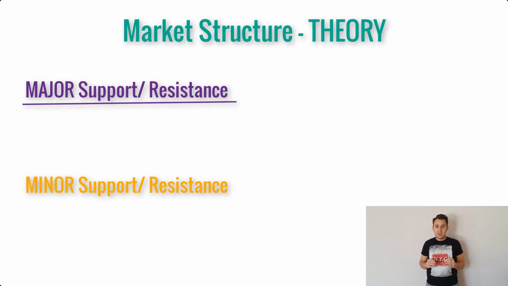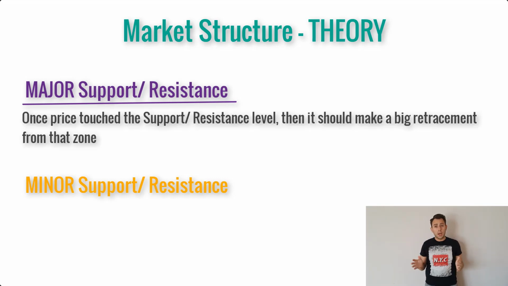Major support and resistance are when price, let's say for resistance, comes up, hits that level and then completely bounces off it and doesn't come back for a long while. That's vice versa for support. You've got the support, it comes back, it hits it and doesn't come back for a long while. We call those major resistance and support levels because price doesn't quickly come back to that level.